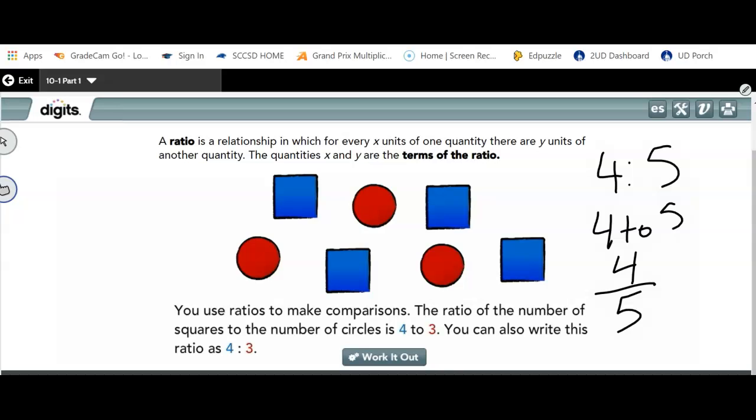So 4 to 3: the number of squares, 1, 2, 3, 4, to the number of circles, 1, 2, 3. Okay. Questions on that? Good? Okay. Go to the next slide.